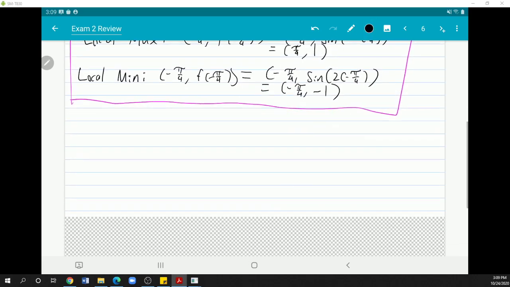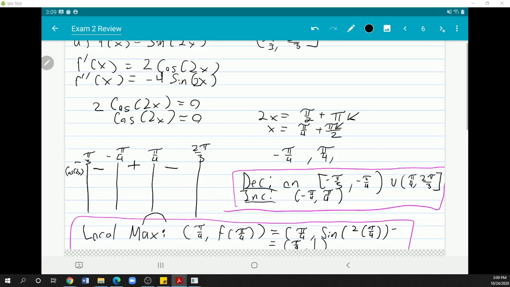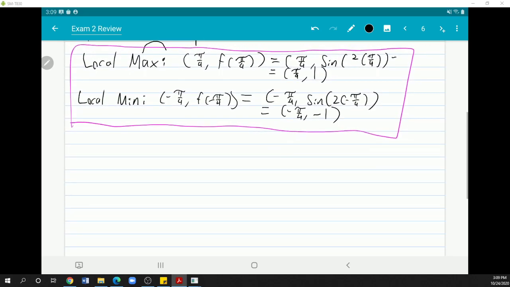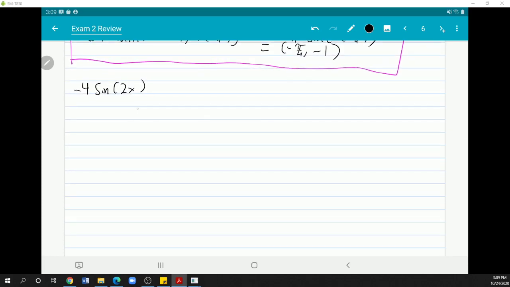Next up, we look at the second derivative, minus 4 sine 2x. This is for concavity. And so again, look for zeros. 2x is equal to pi k, because the zeros of sine are pi k.